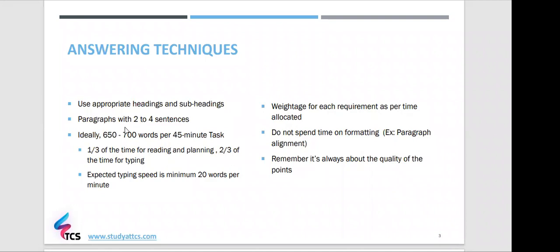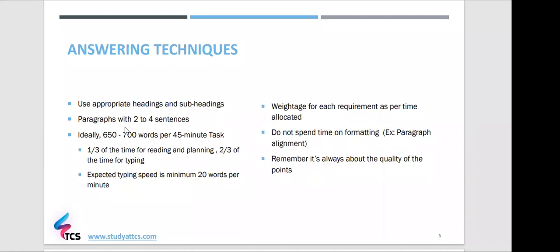Then you need to provide answers in paragraphs. You are not supposed to use bullet points or provide single lined sentences as answers. You are supposed to write answers in paragraphs, and each paragraph should consist of at least two and a maximum of four sentences, nothing more, nothing less.